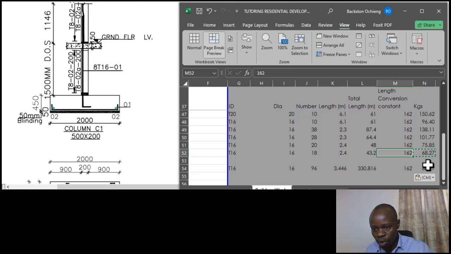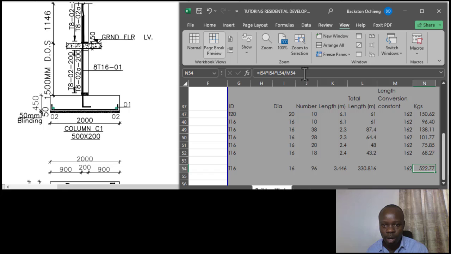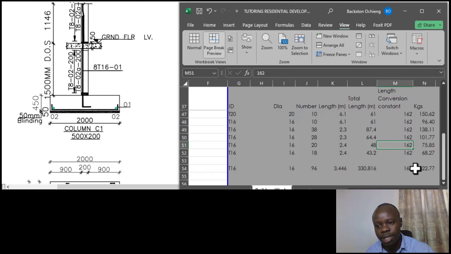For the sake of my new members who are getting this video for the first time, the formula is d squared times the total length divided by 162. If you are new and wondering how that formula comes about, that is the formula which you use to get the kgs for the bars. All right, d squared times the total length divided by 162.